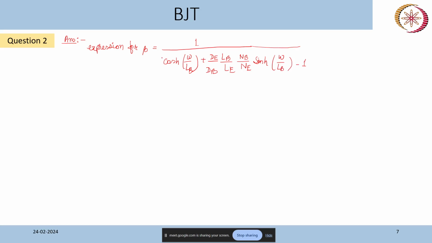Okay. So here what is W? W is the effective base width.